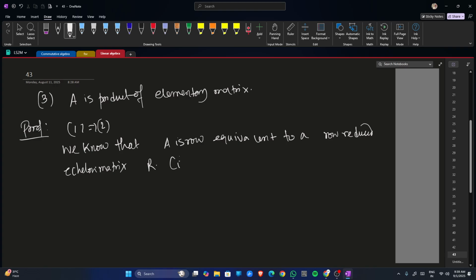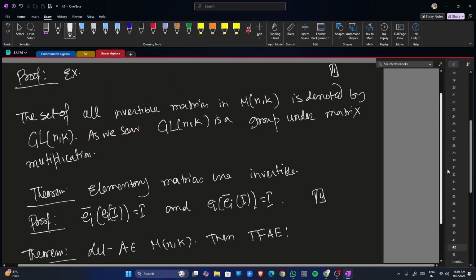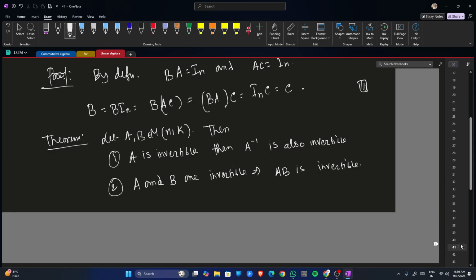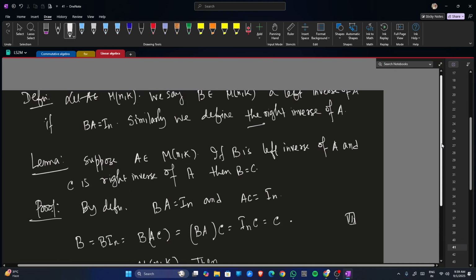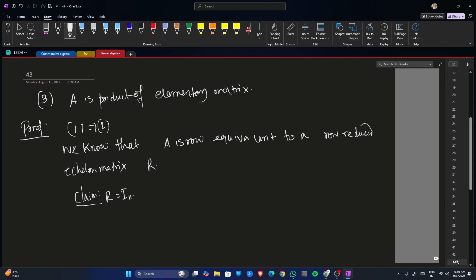Claim: R is identity. Okay, now what we have seen here. So the claim is this is identity. How to show that this is an identity?